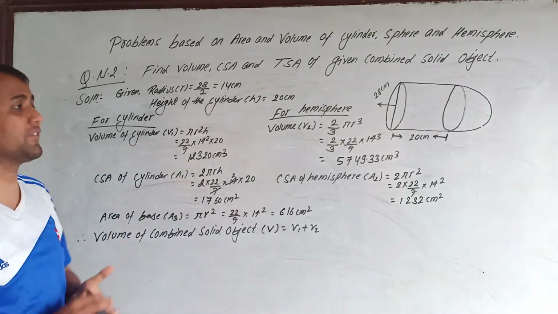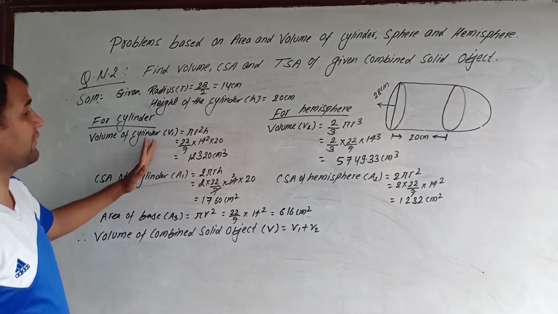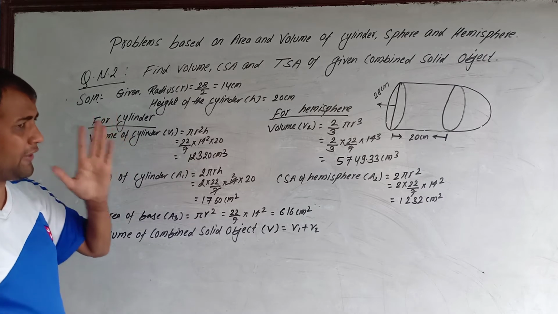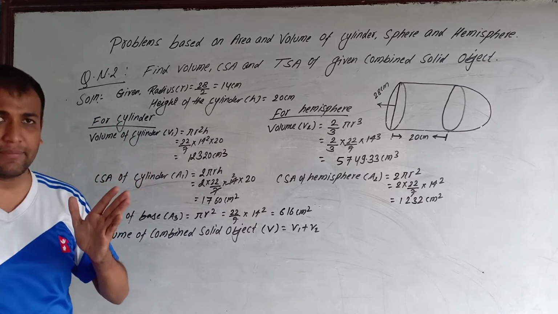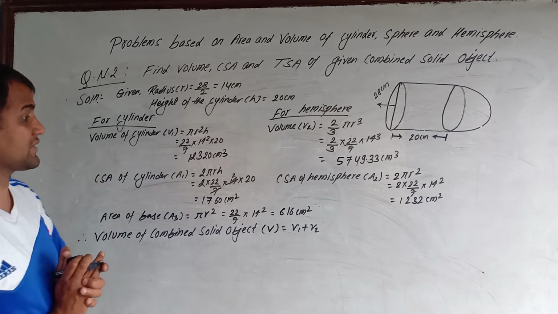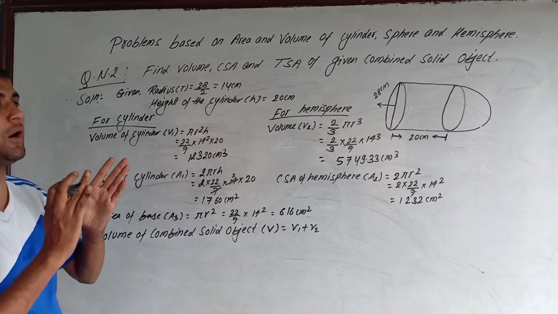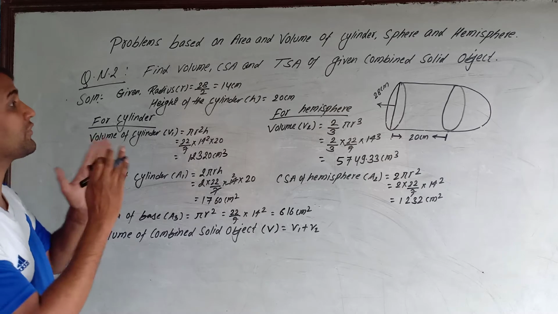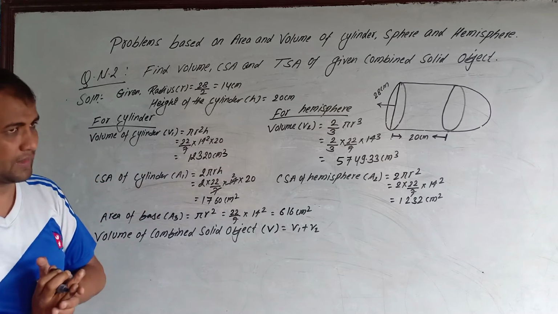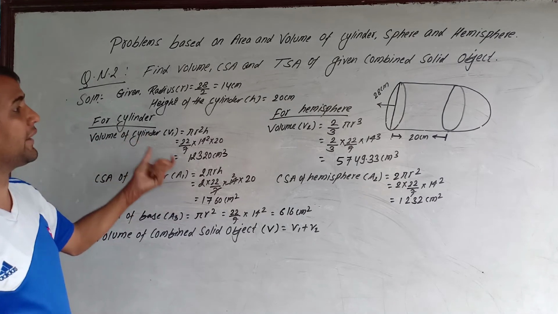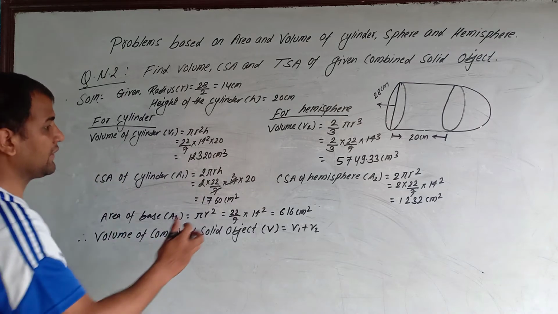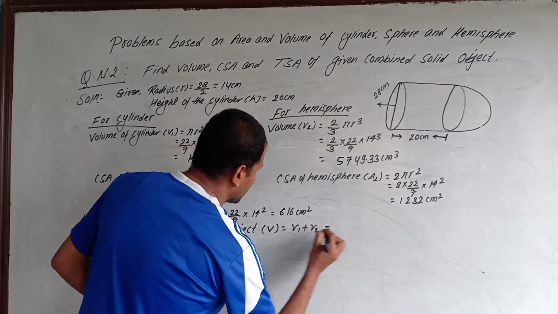For other figures, when combined solids are given and the question asks us to find the volume, then first find the volume of the figures that you see in the figure, and if we add all those volumes, then that is the volume of the combined solid object.